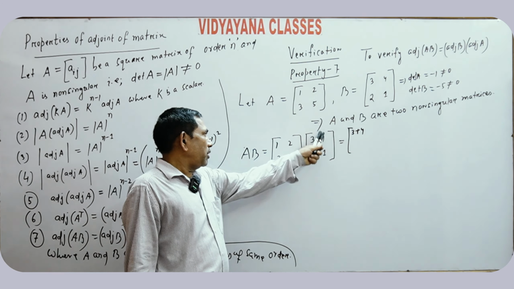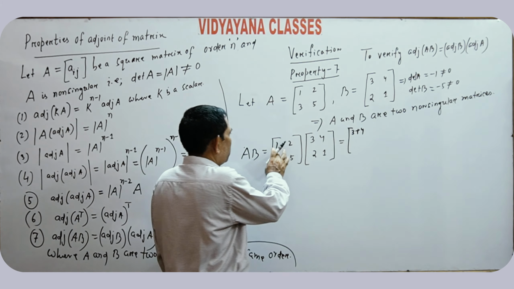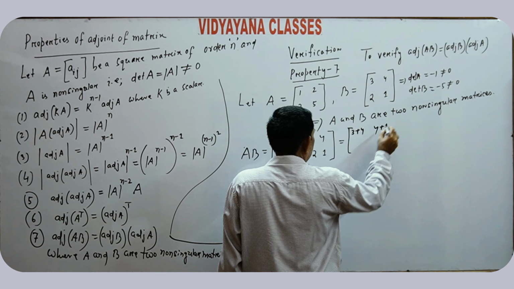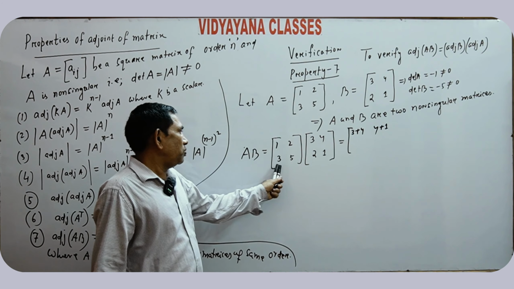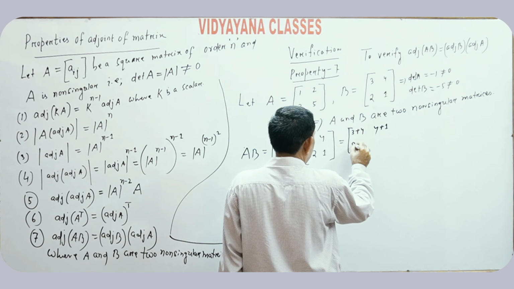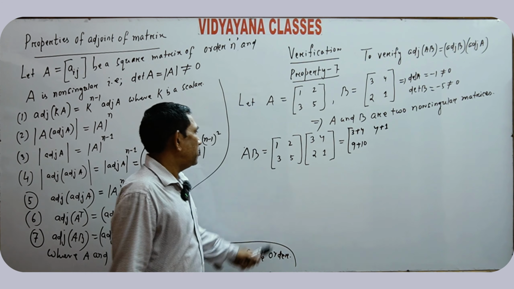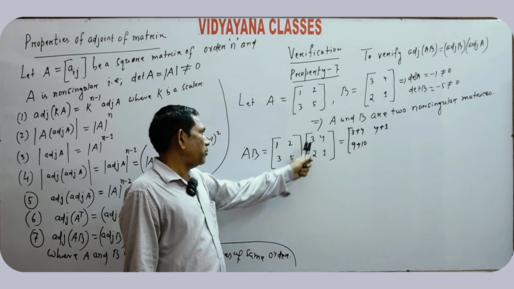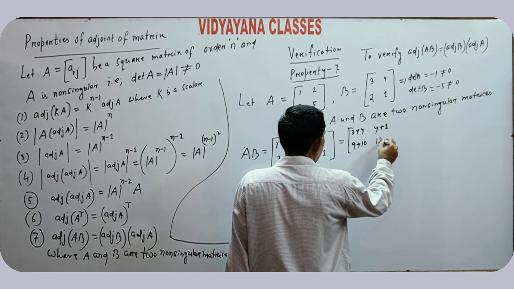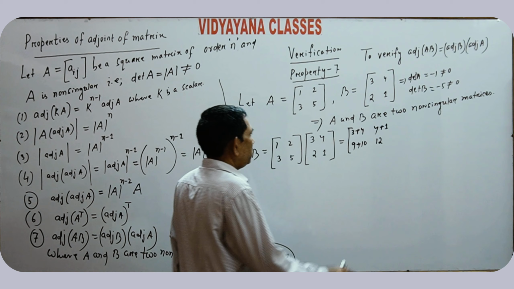Go through row 1, come down in column 2: 1 into 4, that is 4. 2 into 1, that is 2. Next, row 2 and column 1: 3 into 3, that is 9. 5 into 2, that is 10. Next, row 2, column 2: 3 into 4, that is 12. 5 into 1, that is 5.